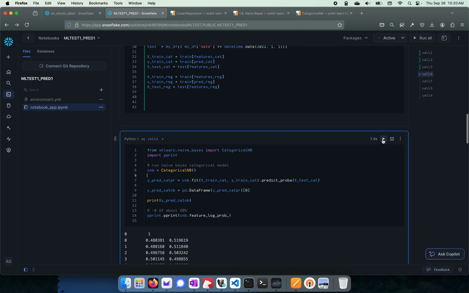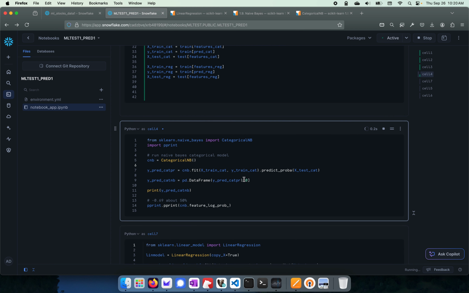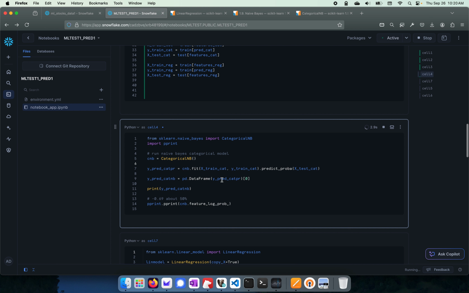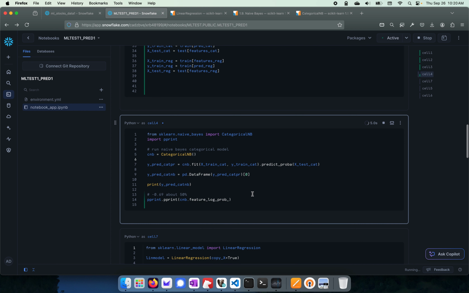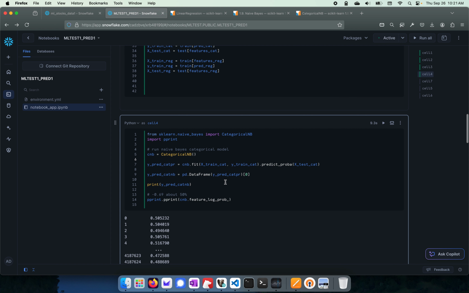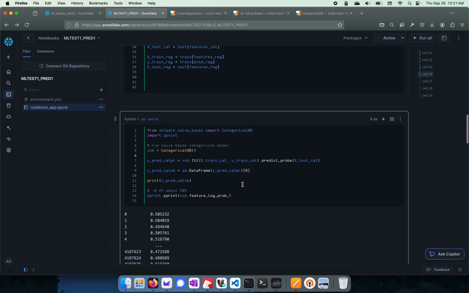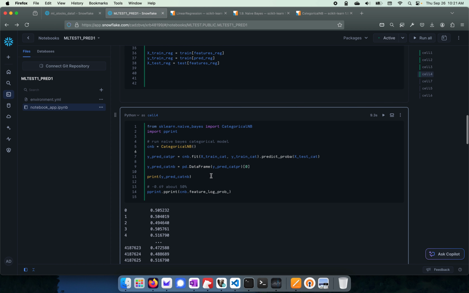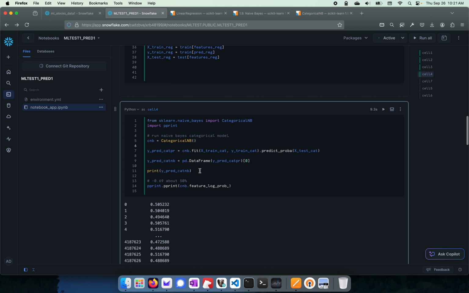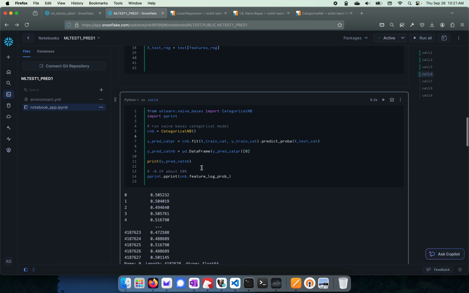I will move to cell 4, and I will run the naive Bayes model. What the naive Bayes model essentially says is, based on historical data, if say the moving average 5 days is less than the moving average 15 days and greater than the moving average 30 days, what is the likelihood out of all those days that the stock went up? And it's looking at all those combinations.